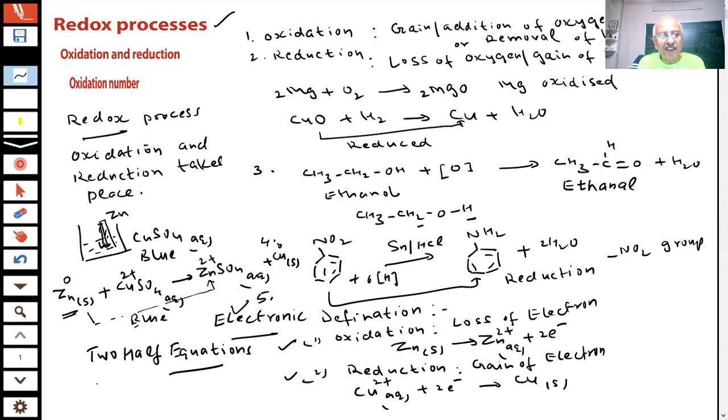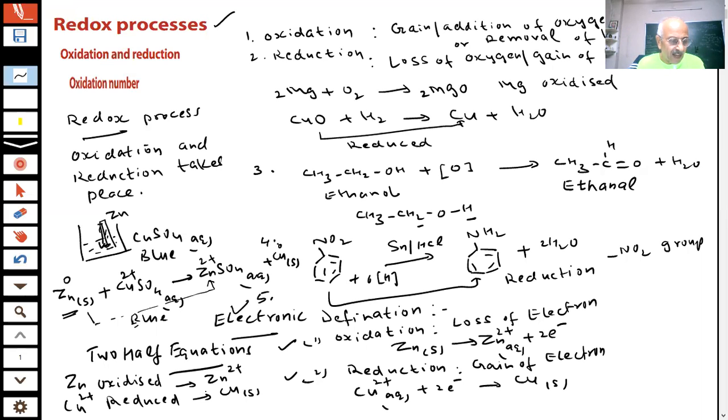So here you can say that zinc is being oxidized. What is happening to zinc? It has been oxidized to Zn2 plus, and this copper 2 plus has been reduced to copper.